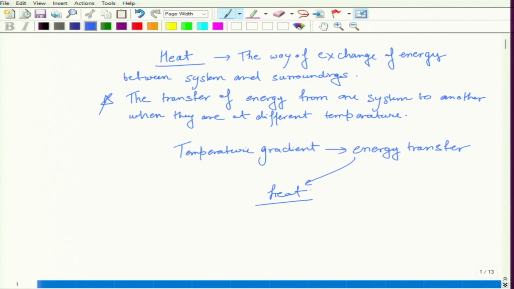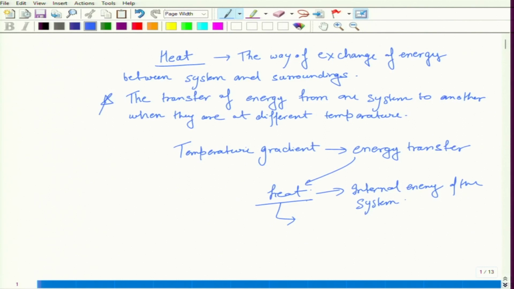So the important thing about heat is that you have to feel it, because it is the internal energy of the system. You cannot see the transfer of heat by the naked eye.